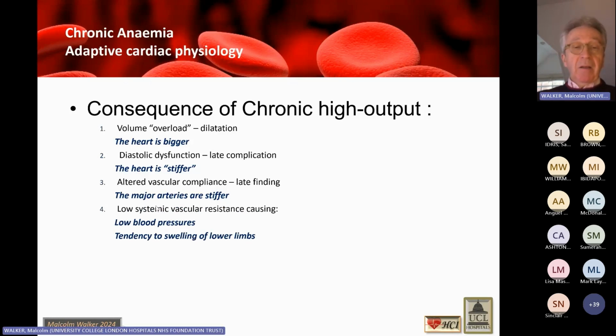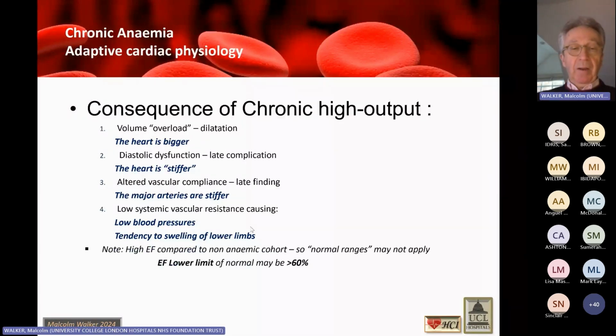Because they're anemic, they tend to have a low systemic vascular resistance. So often, not in this group so much because it's more complicated, but in chronically anemic people, blood pressures can be somewhat lower than you might otherwise expect. And there might be a tendency, because of the vasodilatation, to congest the lower limbs, with ankle swelling.